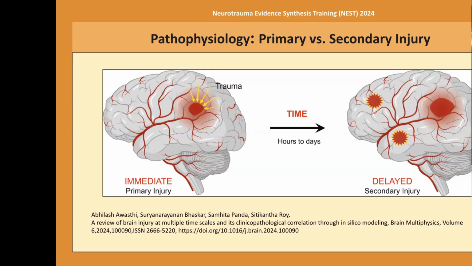This is another thing that I think I intuitively knew, but until I did the research and looked at it, and this graphic in particular, you have your immediate primary injury, and over hours to days, usually specifically within the first 48 hours, the delayed injuries start to begin.